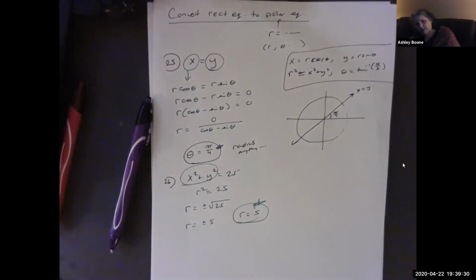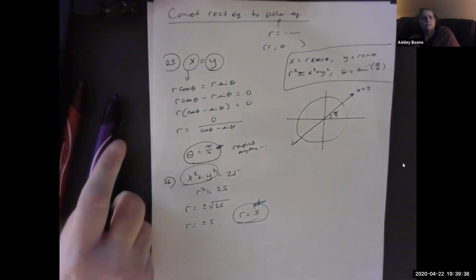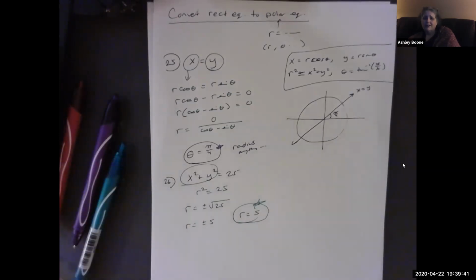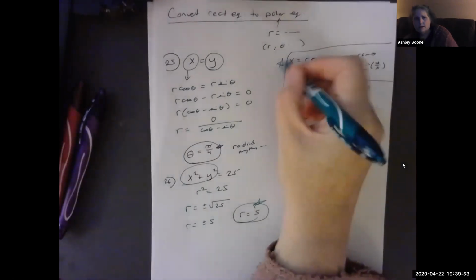Lots of times we will end up with both theta and r's involved, but those are just a couple more examples that you had in your notes and in your problems to try. Try your homework. There's a bunch of homework problems for you to try in this section. Get familiar with converting between those. Make sure you know these guys right here.